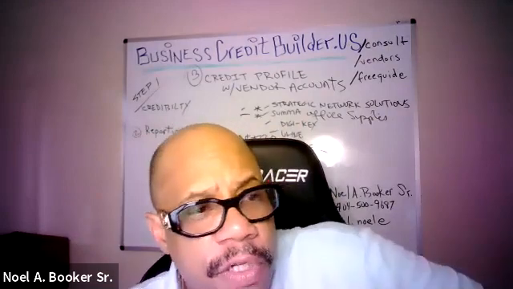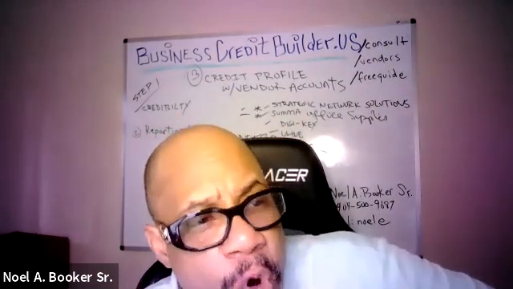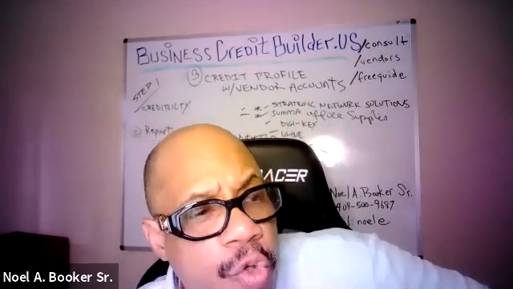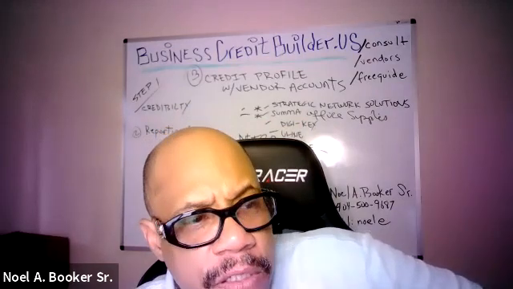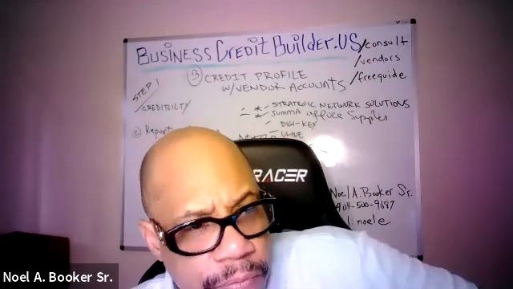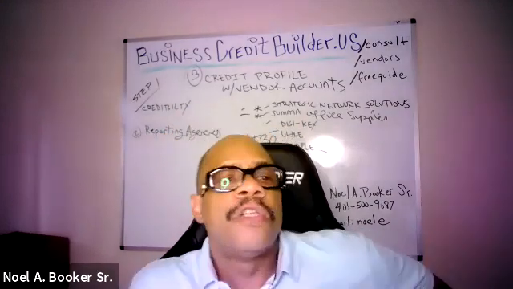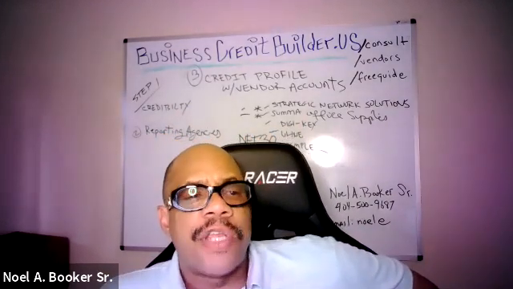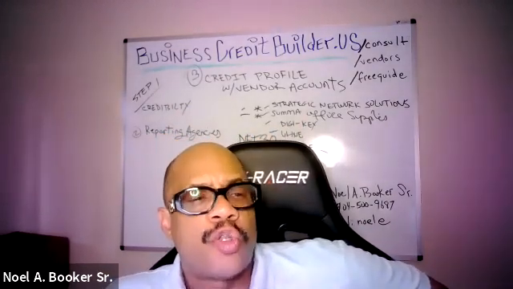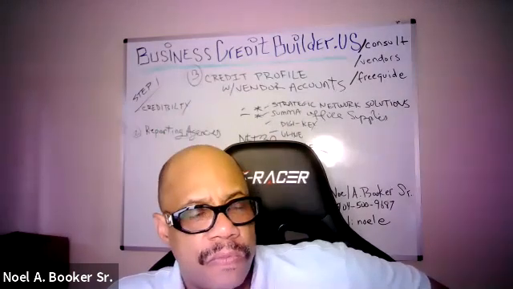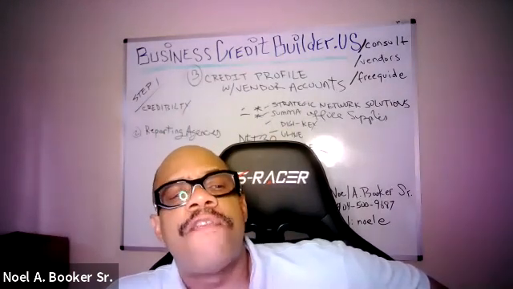Your goal at this point in time is to get 5 net 30 accounts. Okay? So you want to get 5 net 30 accounts before you go to the next step. The next step is revolving accounts.